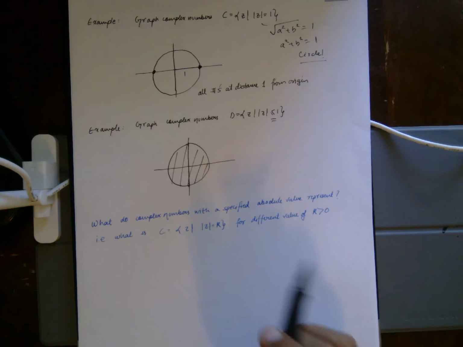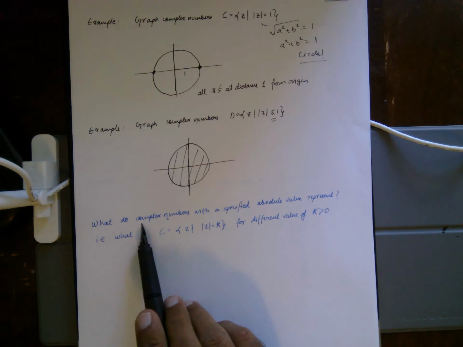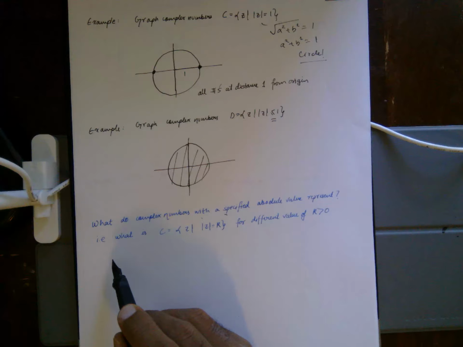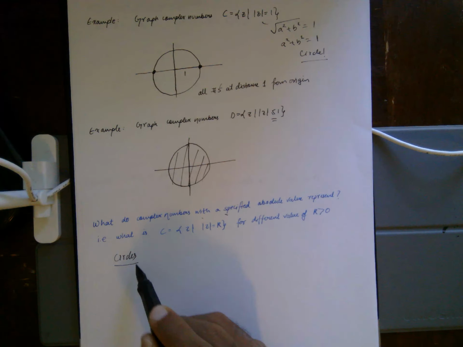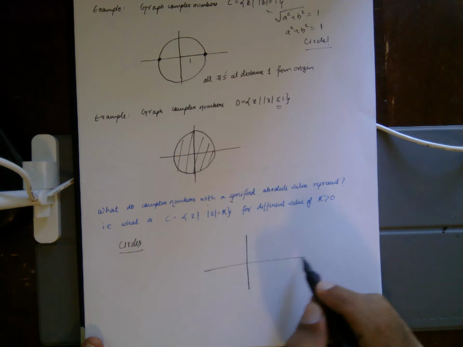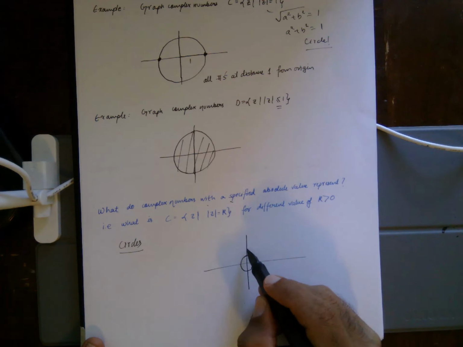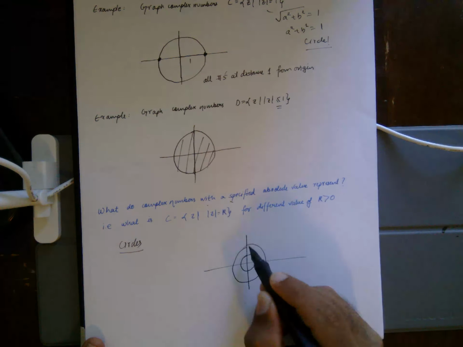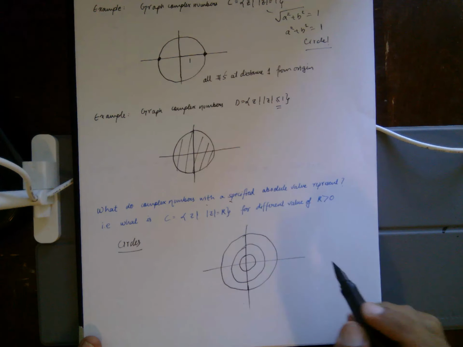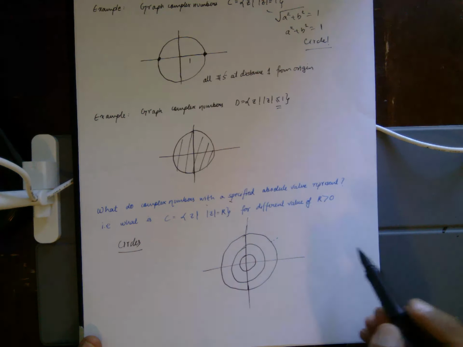So this leads us to the question of what do complex numbers with a specified absolute value represent? We've already seen that they represent circles. So for different values of k, what they represent are concentric circles. Right? Now, where have we seen a picture like this before?